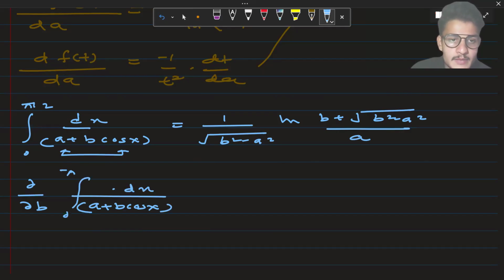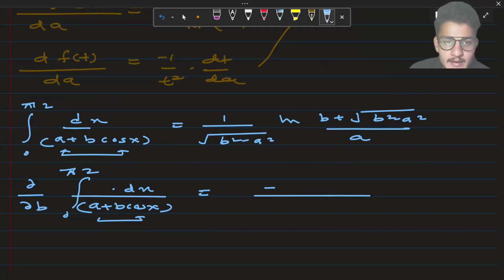What will you receive when you differentiate this with respect to b? You will receive, first of all, the denominator will get the power 2. And when you differentiate this with respect to b, you will also get cos x in the numerator.